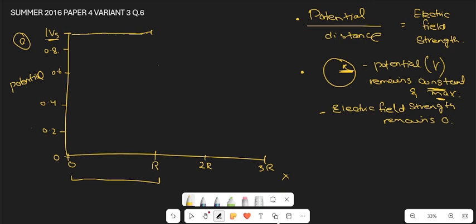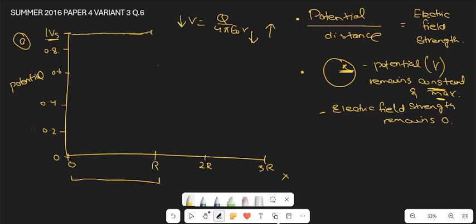First it's maximum and constant, and then it starts decreasing. Why? Because if you look at the formula for potential, it's Q over 4 pi E naught R. So when the radius decreases, the V increases. When radius increases, V decreases, so they have an inverse relation. So here R, which is x, is increasing, so V will be decreasing.